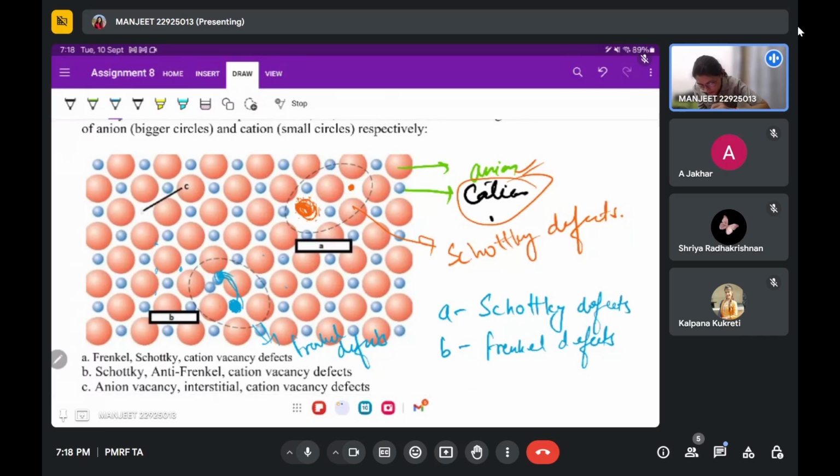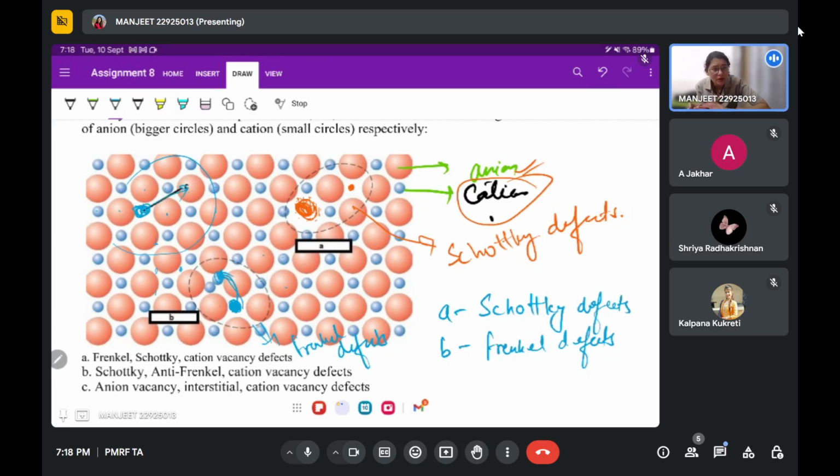Okay, now move to this region. This is C. From here you can see this is cation, anion, cation, anion, cation, anion. This is the right way. This is cation, anion, but here there is no cation. This is missing, but anion, then anion. So in this region all are present, but this cation is missing.